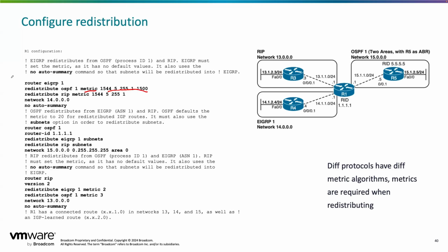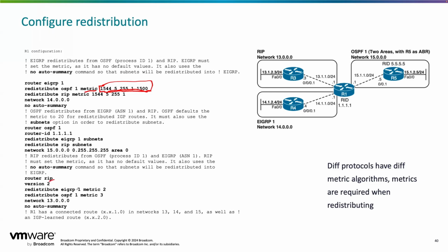But if you redistribute those protocols, you have to manually give the initial metric. So here we give the distributed routes from OSPF an initial metric.